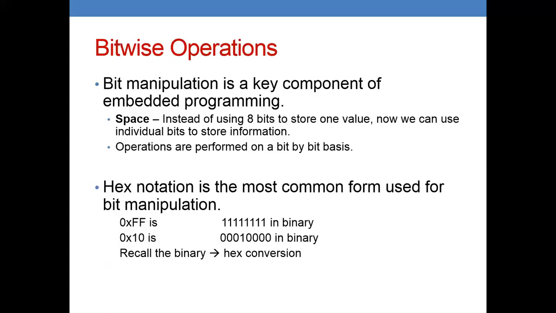So the different bitwise operations will allow us to manipulate individual bits stored in a number. That comes in handy in embedded programming. We're always concerned about the amount of space our program takes up. Well, instead of using a whole 8-bit value to represent something, we're going to use each one of the individual bits to store a value.